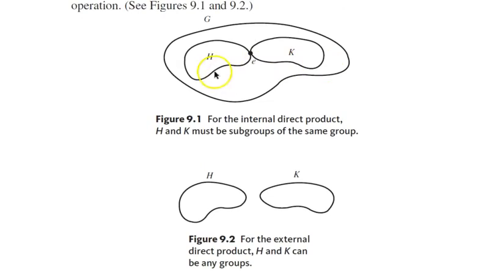For internal direct product, the group G is given, and then we find H and K inside G, normal subgroups, whose intersection is just the element e. And for external direct product, we start with two given unrelated groups, H and K, and we form the set of all ordered pairs (h, k).